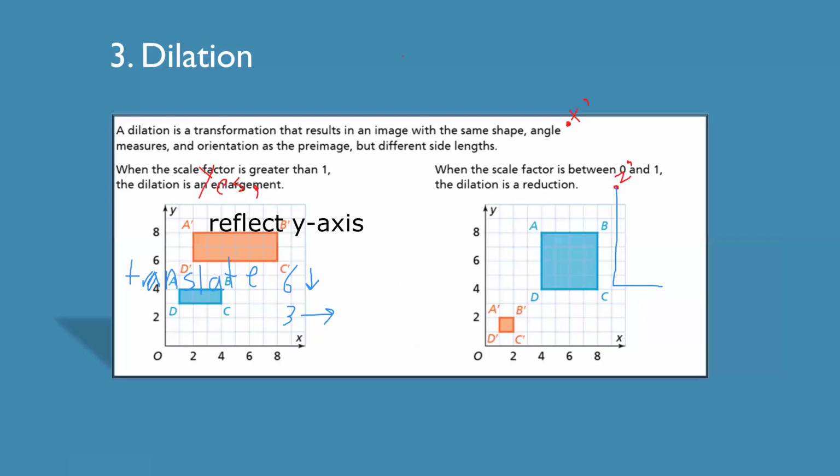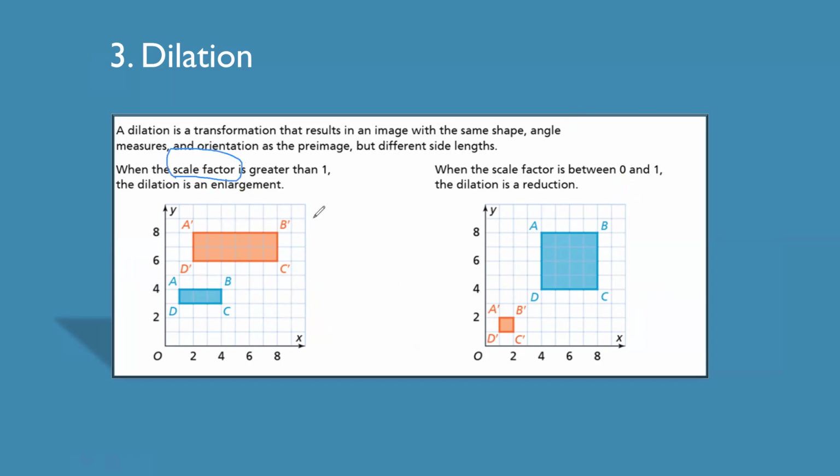Okay, next lesson is dilation. We said before, dilation means change the size. This change may become bigger or smaller. Now we have something we call the scale factor. What is a scale factor? Scale factor is a number I multiply by the coordinates x and y. When I multiply my shape, my new image becomes bigger or smaller depending on this scale factor.